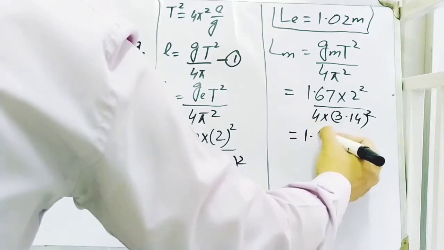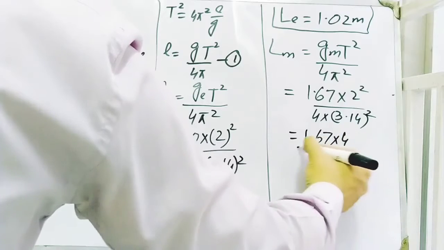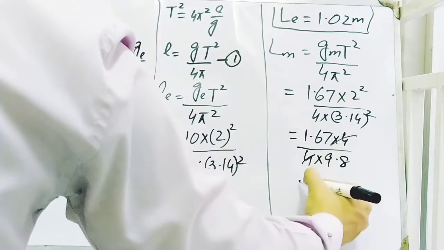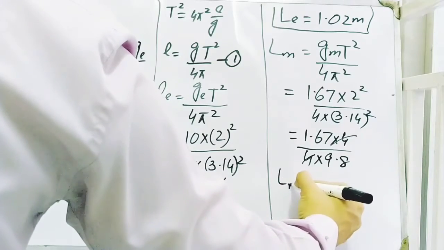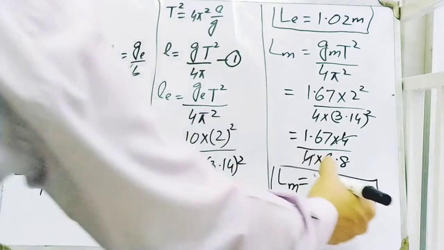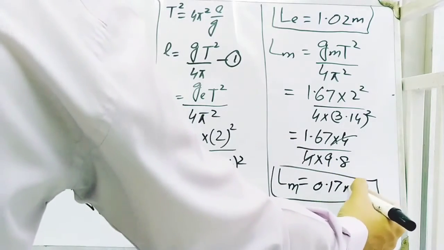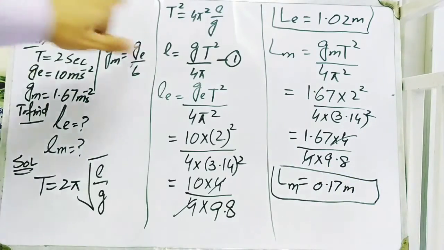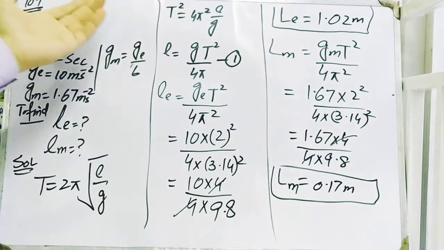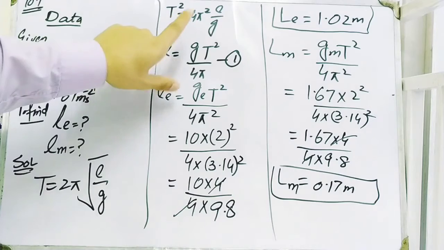So this will be equal to 1.67 into 4 divided by 4 multiplied by 9.8, and the solution will be LM, the length of this pendulum on moon, 0.17 meter. This formula is very important. It will be used again in the coming numericals. So we are going to repeat it.